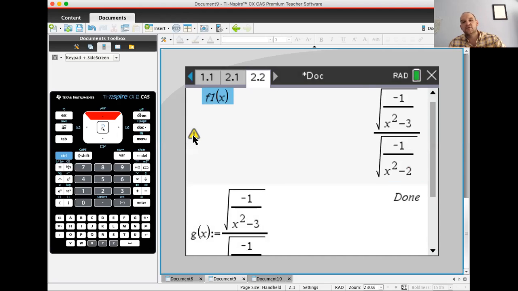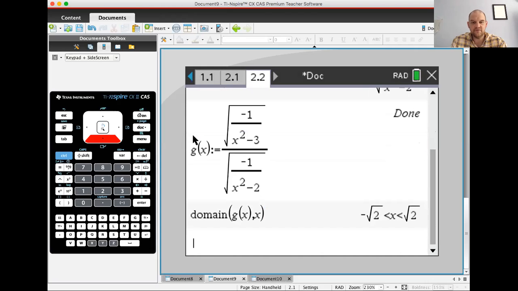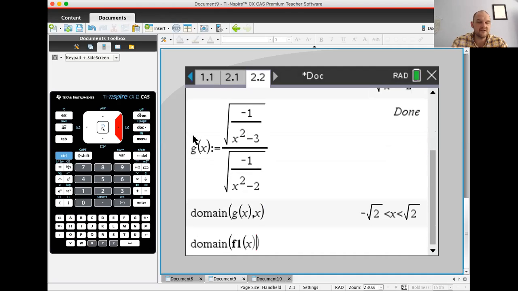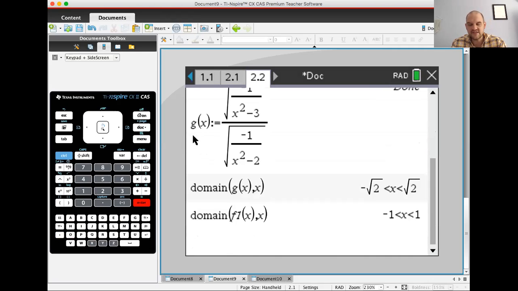I'm going to ask the calculator what it thinks the domain of f1 is. f1 is the non-simplified version. What's weird is you can't really get the calculator to tell you what the non-simplified version is. It will always simplify it and then tell you that there might be a problem. So this domain is negative 1 to 1 exclusive. This domain is smaller than the domain that g of x has.